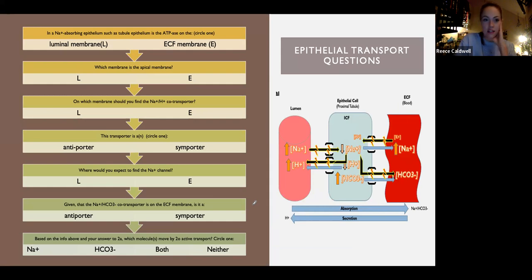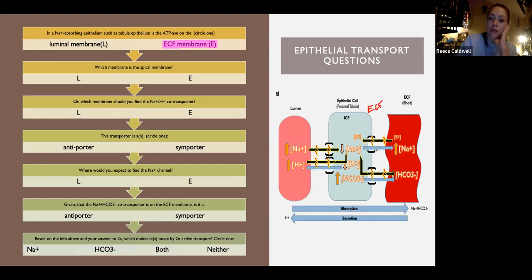So what we see is that in sodium absorbing epithelial tissue, such as tubule epithelium, the ATPase subunit will be on the ECF membrane, so the extracellular fluid side. So this is the ECF membrane, also known as the basilar or basolateral membrane.